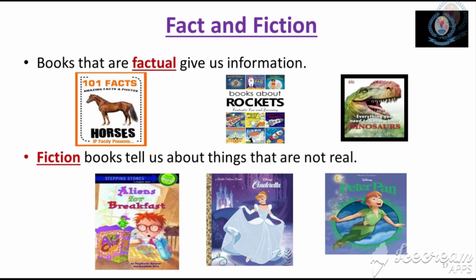Fact and fiction. Now we are going to learn about fact and fiction. Fact: books that are factual give us information. They are true. These are also called non-fiction books. To remember, people would say non-fiction as not fake.